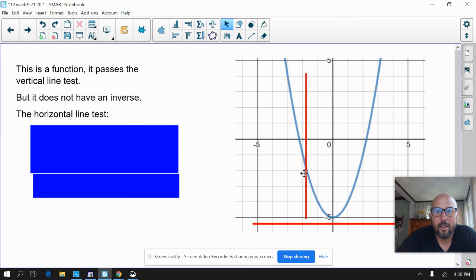But x equals -2 also produces -1 as a y value. So that's a problem, because if I give the inverse -1, what x value is it going to give me back? Is it going to give me back -2, or is it going to give me back 2?